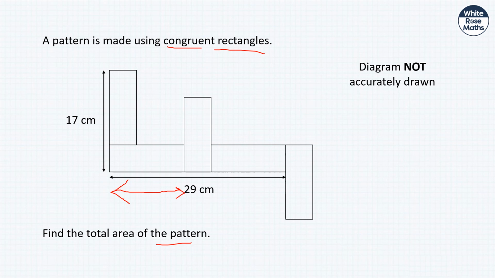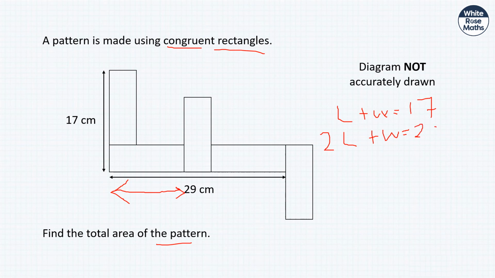So I can form a pair of simultaneous equations to work out the length and the width of one bar. From this one, the length plus the width has to equal 17. Here, it will be 2 lots of the length plus the width has to equal 29.